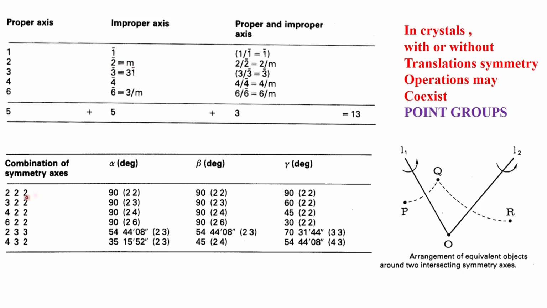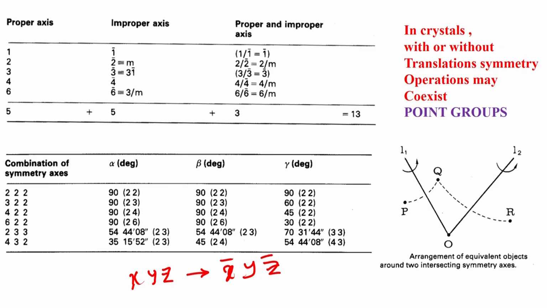So, we will work out how this happens below here, and now we will do the operation of a twofold which will give us x, y, z, which goes over to minus x, y, minus z, assuming that our twofold axis is along the y direction.